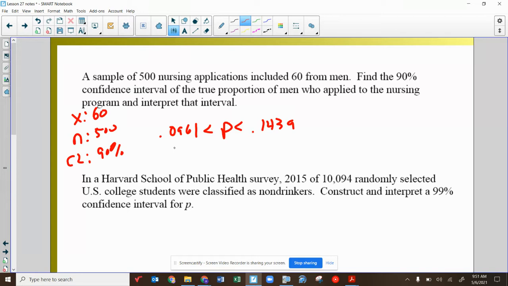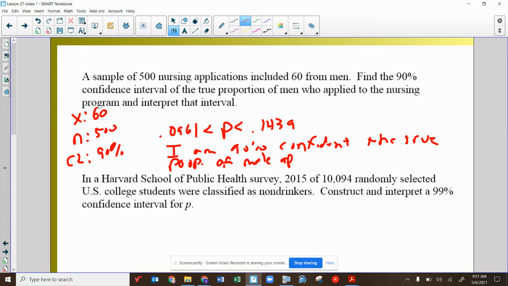So your interpretation would be: I am 90% confident the true proportion of male applicants is between, let's write this as a percentage, 9.6% and 14.4%.